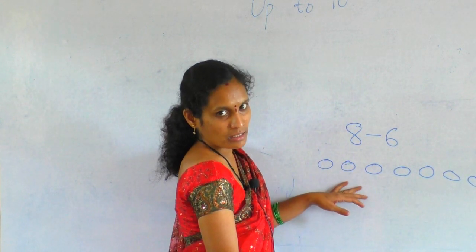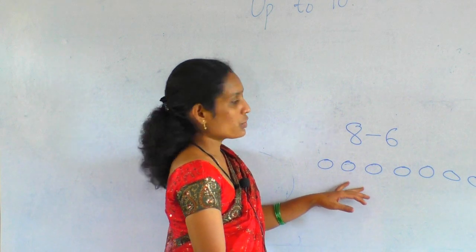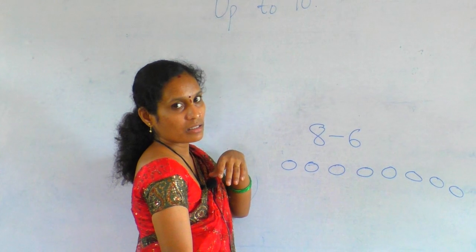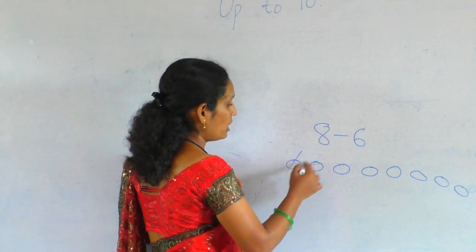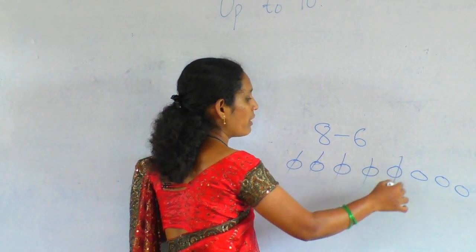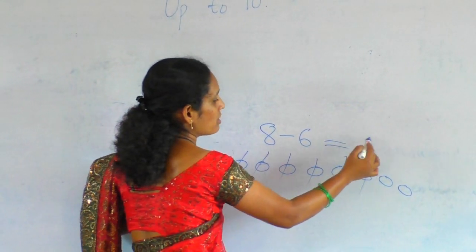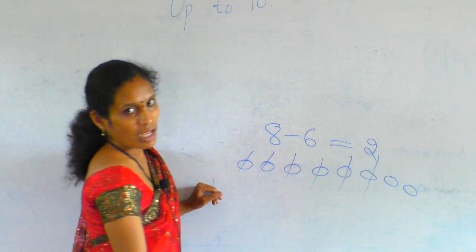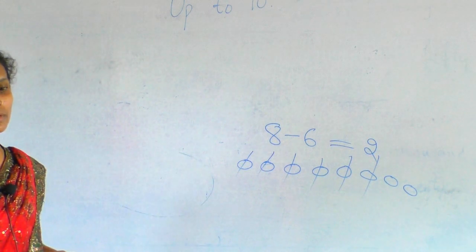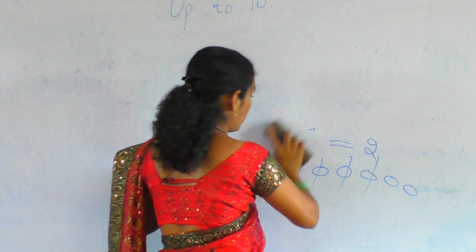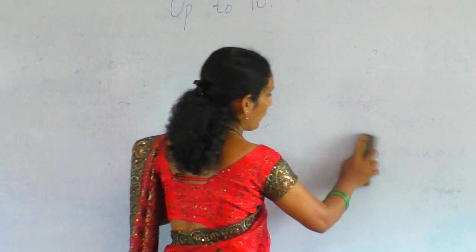There are 8 beads, right? Among 8, you should subtract 6 beads. I will strike out 6 beads: 1, 2, 3, 4, 5, 6. Remaining beads, the answer, is 2. Like this, you should subtract the numbers by the counting method, okay?